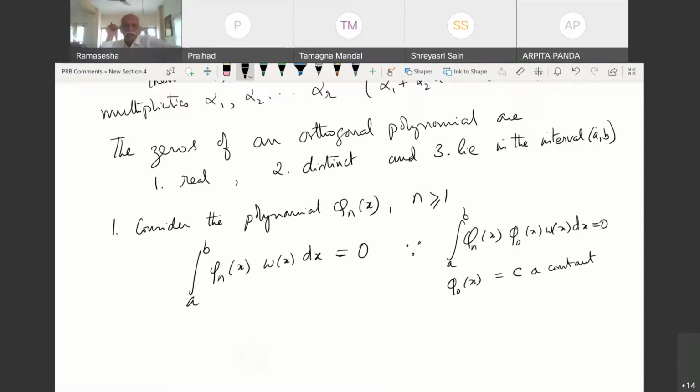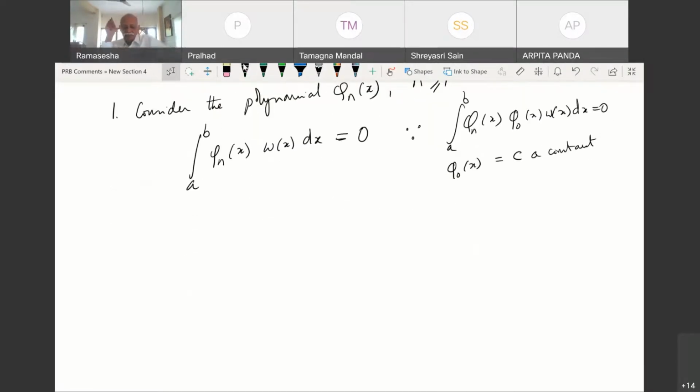Which actually means that phi n x, with w x greater than 0, must change sign in a to b. Otherwise the integral cannot be 0.